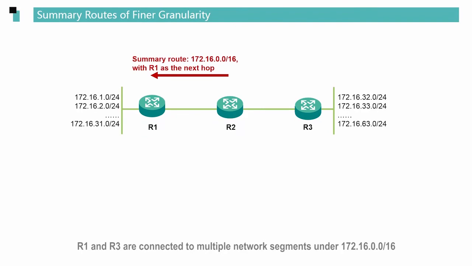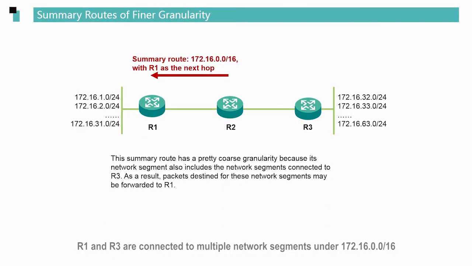In this network, R1 and R3 are connected to multiple network segments under 172.16.0.0/16. If we configure a summary route 172.16.0.0/16 for R2 with R1 as the next hop, and R2 receives a packet destined for 172.16.32.0/24, R2 will use this summary route to forward the packet to R1.